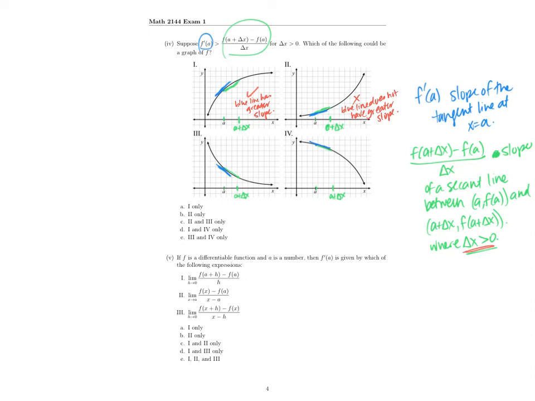Okay, so those are the ones where we have a positive slope. Now if I take a look at this one, remember that for negative numbers, bigger means closer to 0. That's kind of the way I think about it.